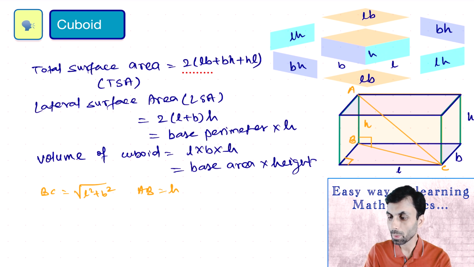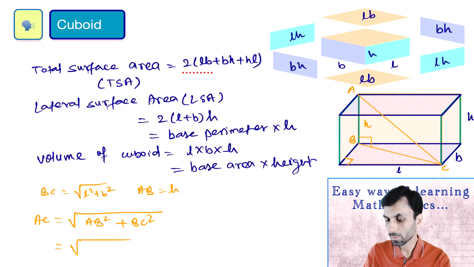So we can apply the Pythagoras theorem, and we can write AC will be equal to the square root of AB square plus BC square. We can write BC square as L square plus B square, and AB square as H square. So it is H square plus L square plus B square.